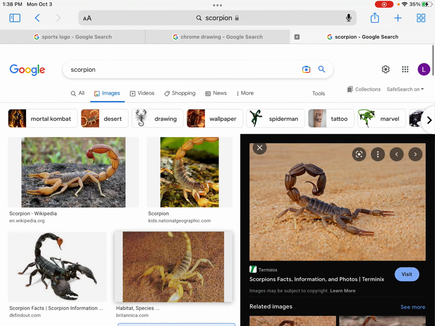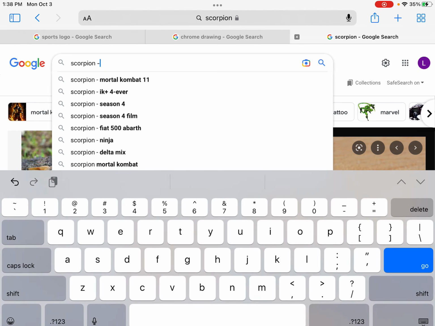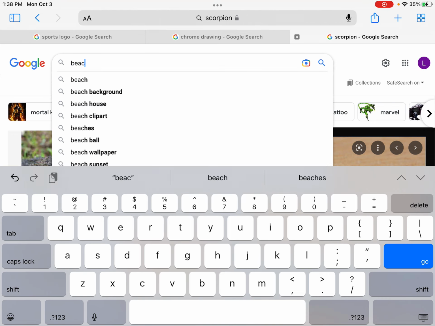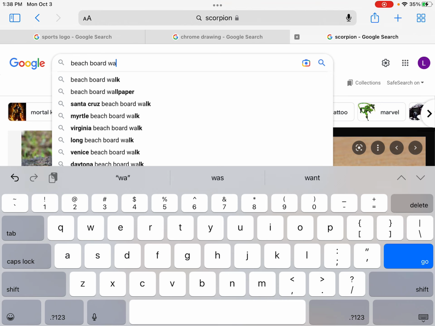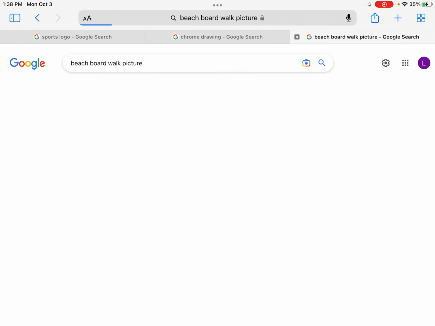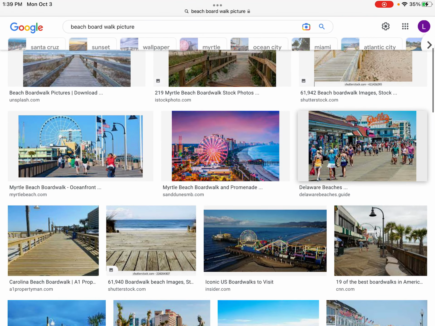I'll show you. I find a picture that is boring, of anything, like a city, a beach, boardwalk, picture. Cool. Okay, let's just grab any picture that we want.